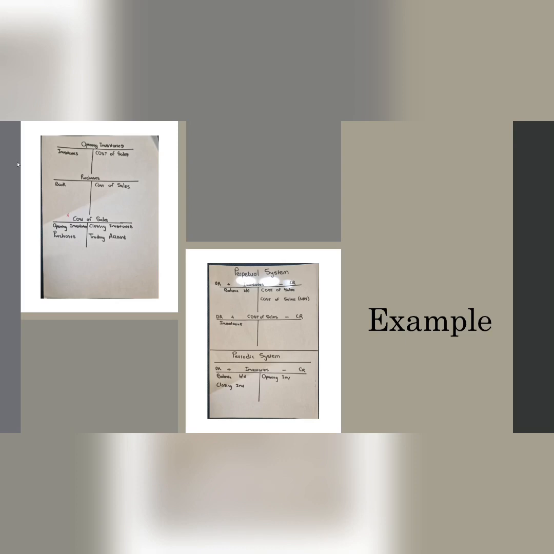Okay, so this is just a small example of the perpetual and periodic system. If you look at the second picture right next to the word example, you will see the perpetual system. There are two T accounts or general ledgers, inventories and cost of sales. Normally the inventory account is where we would show our opening balance, what we sold, as well as our closing balance.